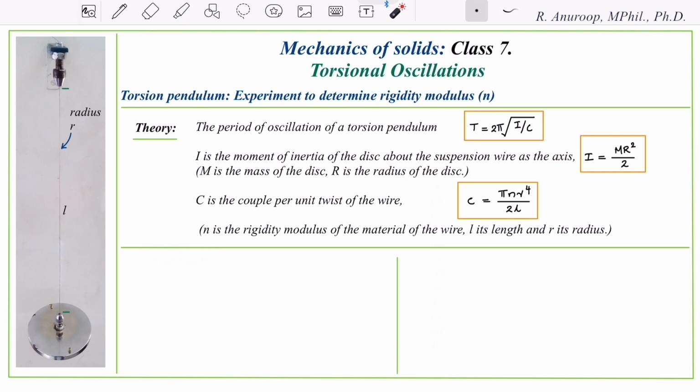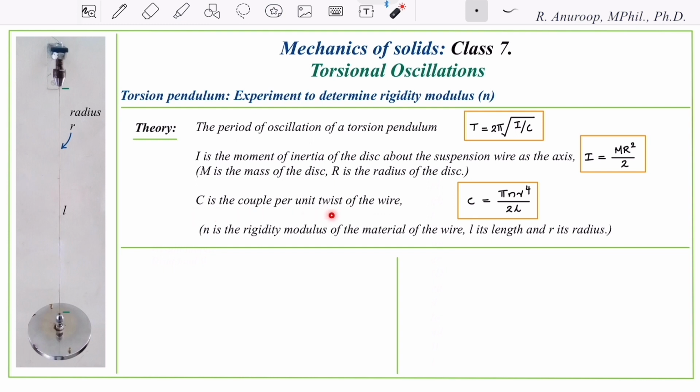Here I is given by mr square by 2, where M is the mass of the disc and r is the radius of the disc. So by measuring the radius and mass, we can calculate the moment of inertia of the disc.